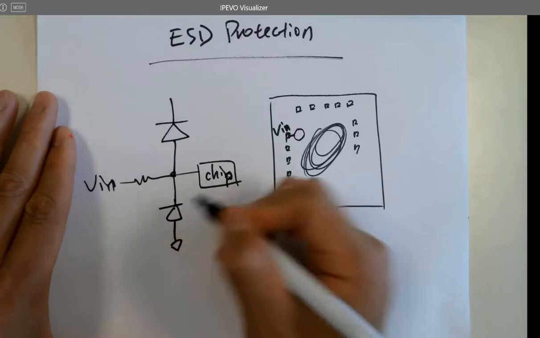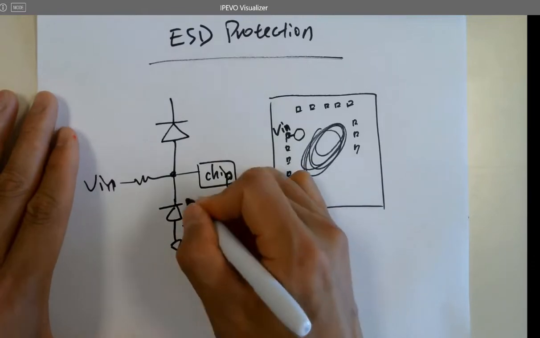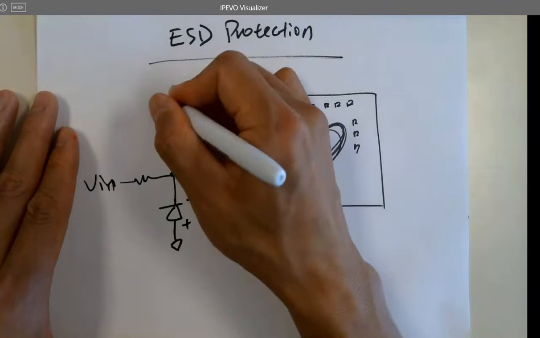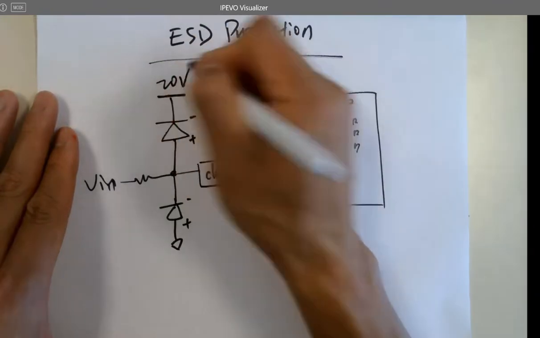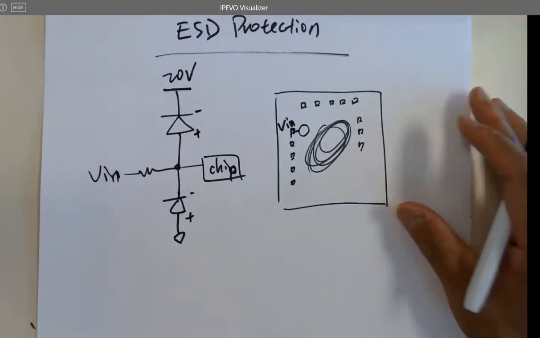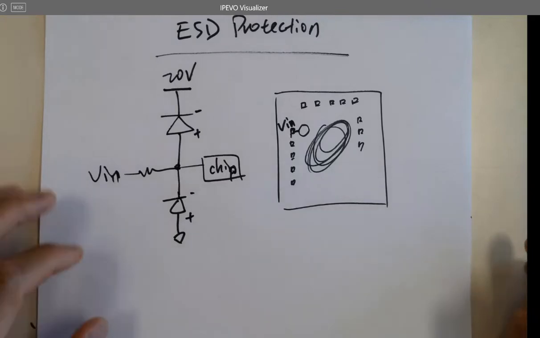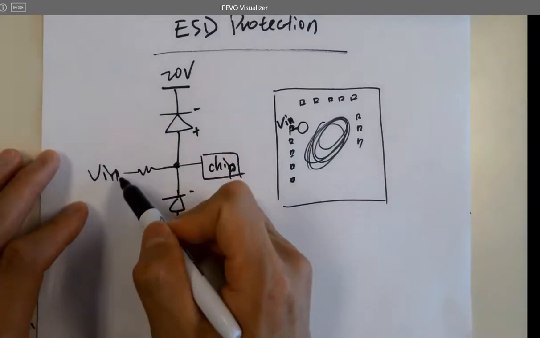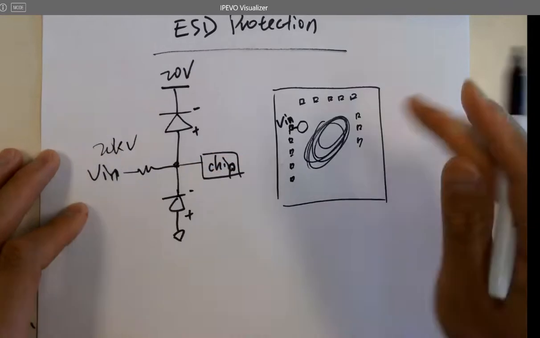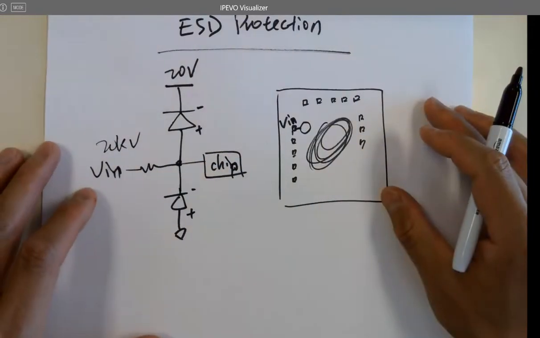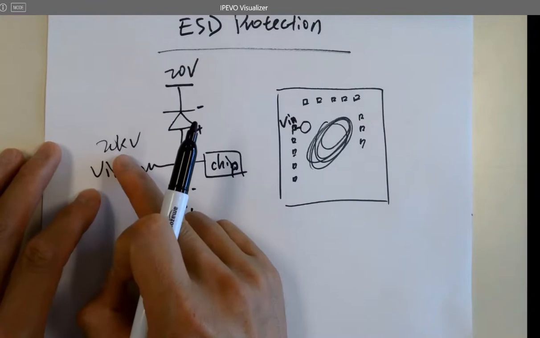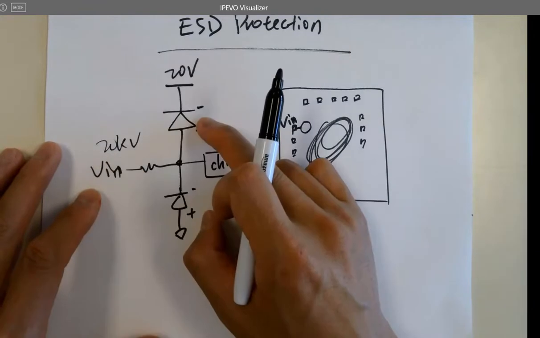You have to connect it that way, plus minus, and you short this one to 20 volts, for example, if it's a 20 volt chip, the highest potential in the circuit. Why does this protect the chip? If suddenly you got 20,000 volts here for a very short period of time, the power is low, so it's not necessarily breaking that diode.